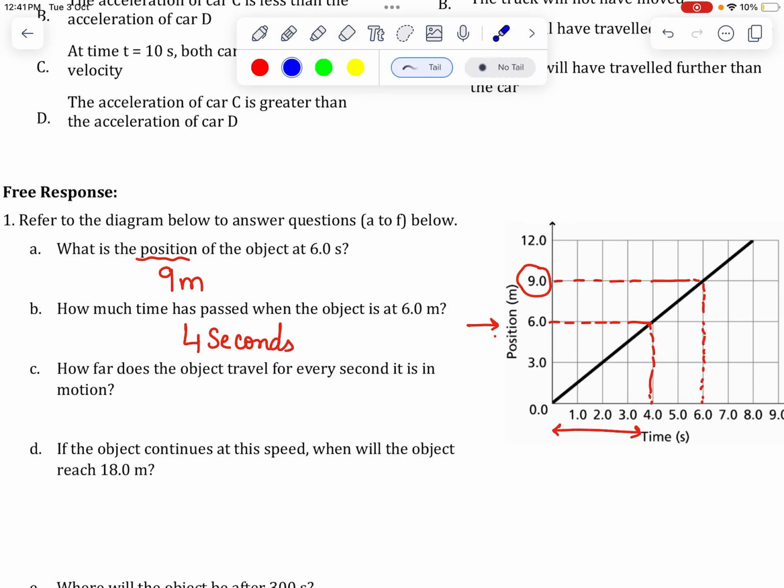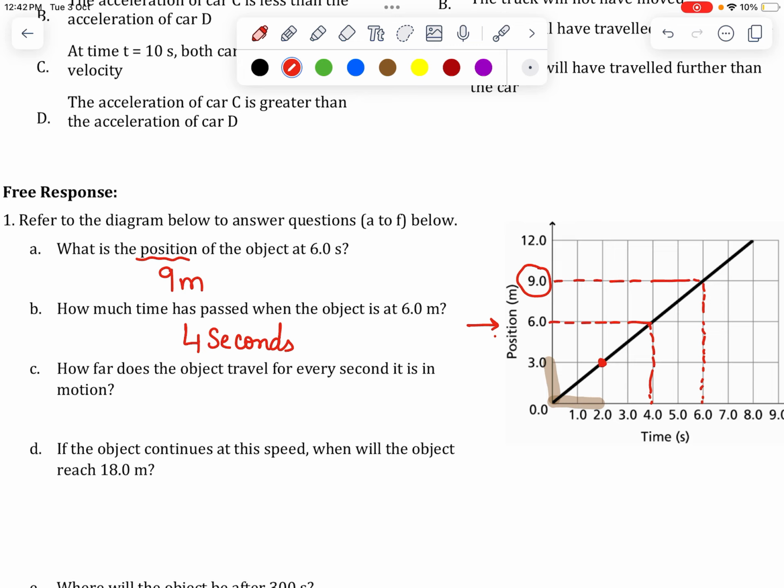Later, question C. How far does the object travel for every second it is in motion? Actually I can see that every 2 seconds he is covering 3 meters.